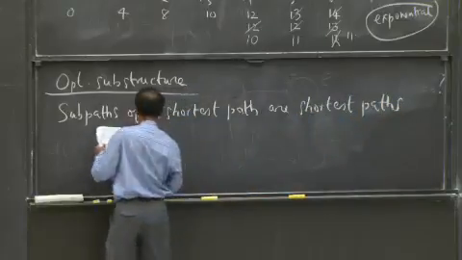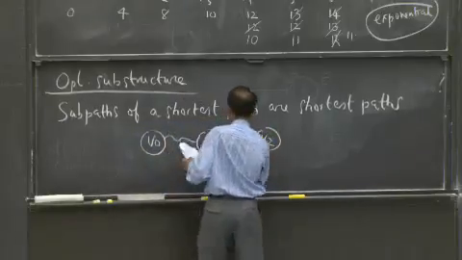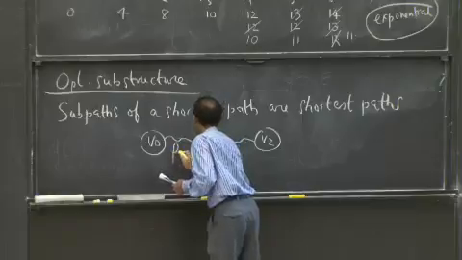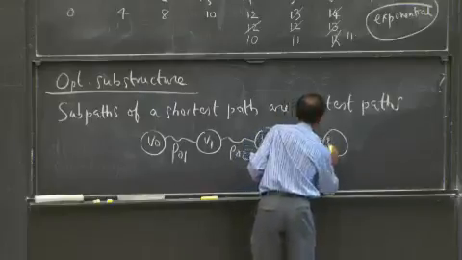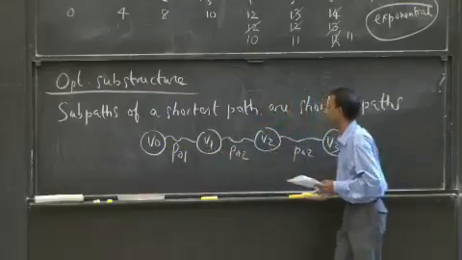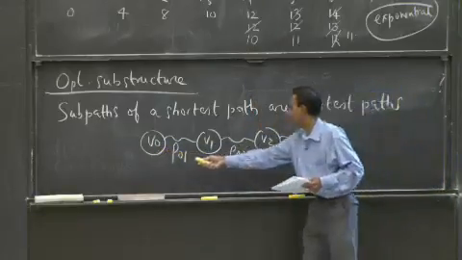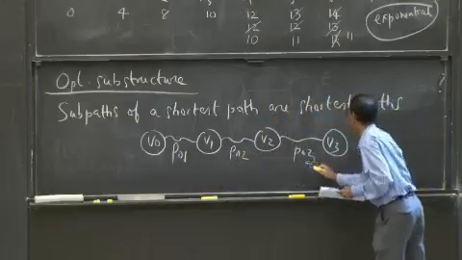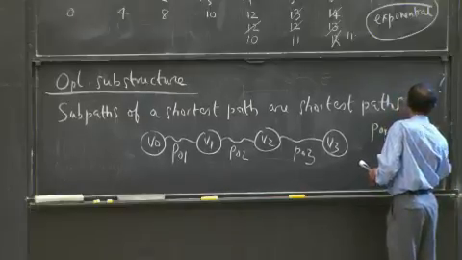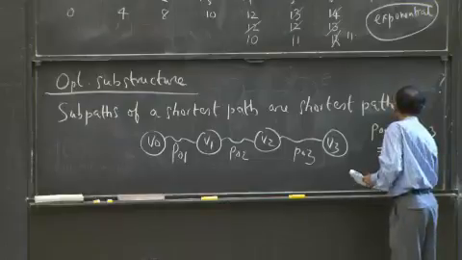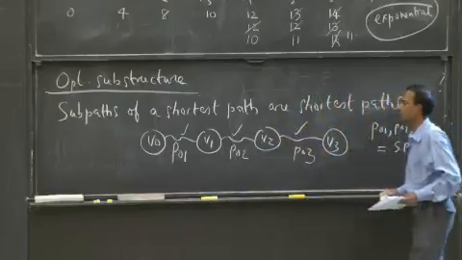And all that means is if I had V0 and I went to V1 and I went to V2, and these are paths here, so this could be P01, P02, P03. There are many vertices potentially between them. If you tell me that V0 through V3, the concatenation of P01, P02, and P03, is a shortest path, then that implies that each of these are shortest paths as well, right?